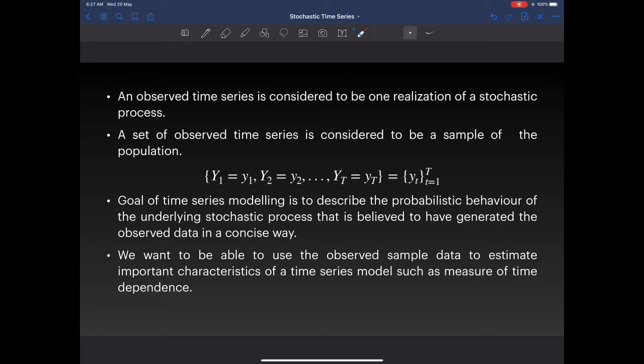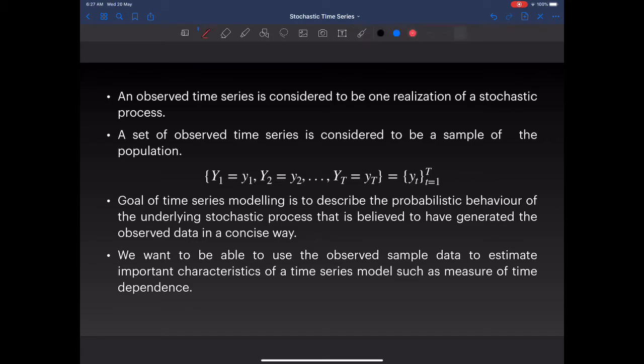Let's take a look at another point. We say that the observation of this time series is one realization of a stochastic process. So what is the meaning behind the realization of a stochastic process?